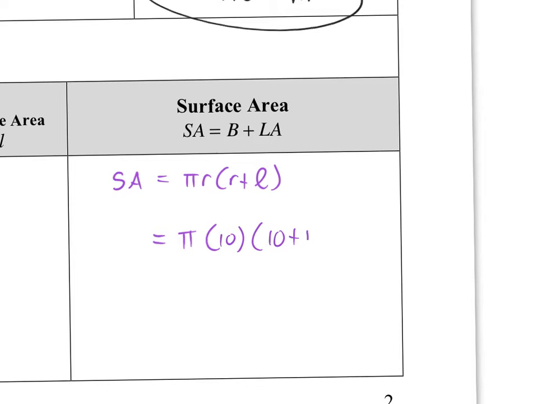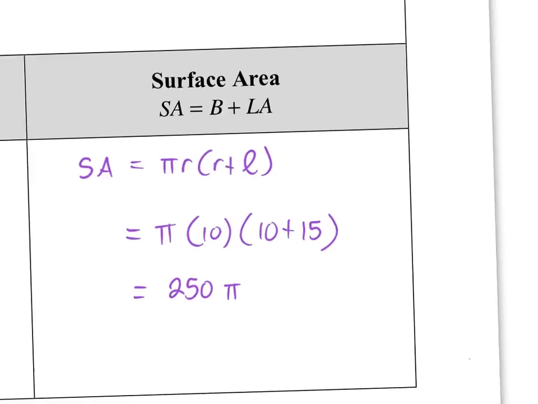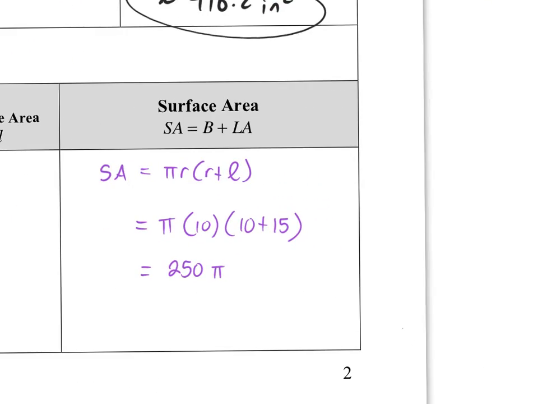So 10 again, and my slant height L is 15. So much faster. So I do like cones. They taste better than pyramids, and they're faster to use. So here is 25 times 10 is 250. So my exact answer is 250 pi, and my units being centimeters squared. And my approximate value, 785.4 centimeters squared.